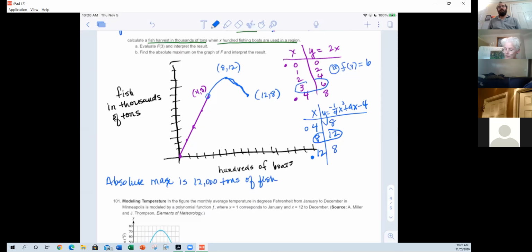And that happens when there are 800 boats. And after that, it's diminishing returns. After that, the more boats you get out there, the less tons of fish will be caught.